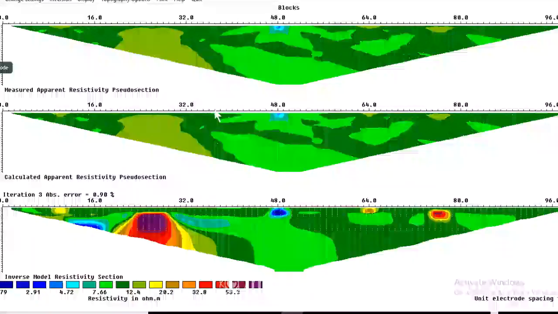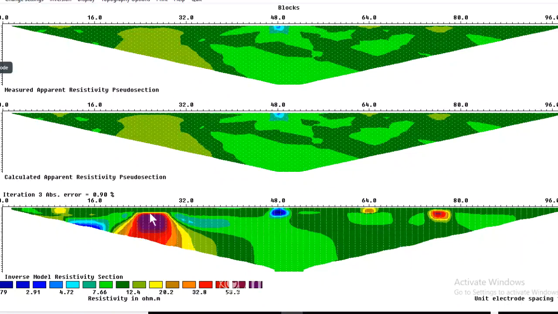But the true resistivity values show or estimate the high resistivity anomaly and the low resistivity values at particular points clearly. So it's important to use both the pseudo sections and the inversion model resistivity.